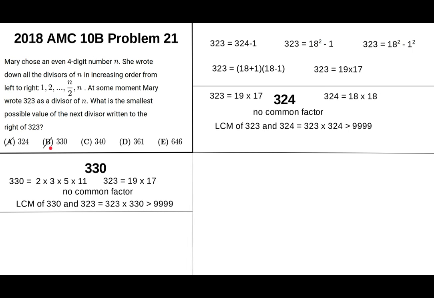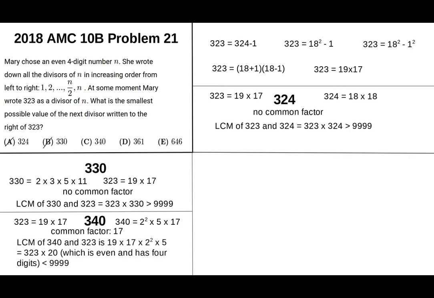So now let's try 340. 323 is 19 times 17, and 340 is 2 squared times 5 times 17. The common factor is 17.